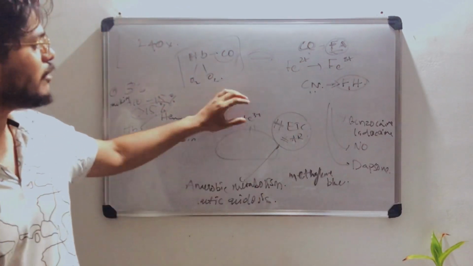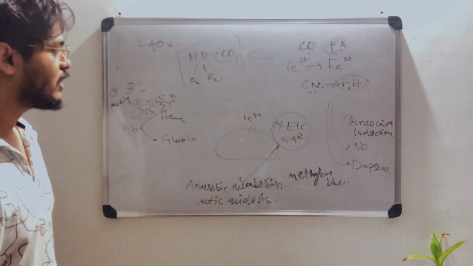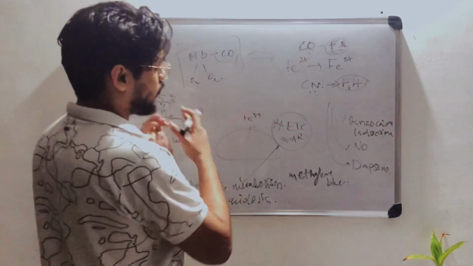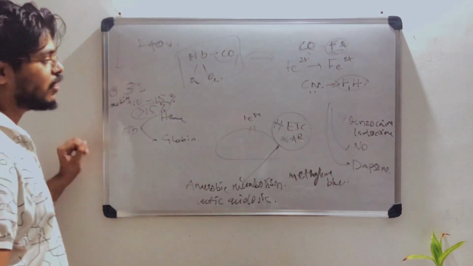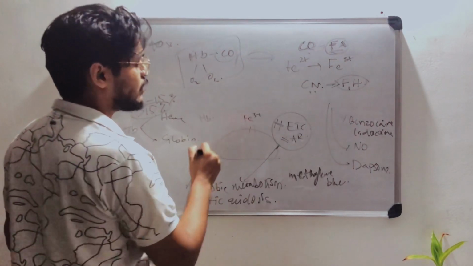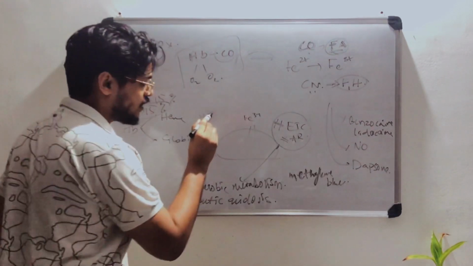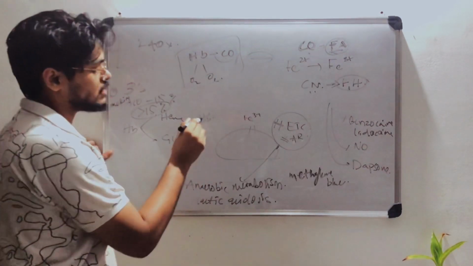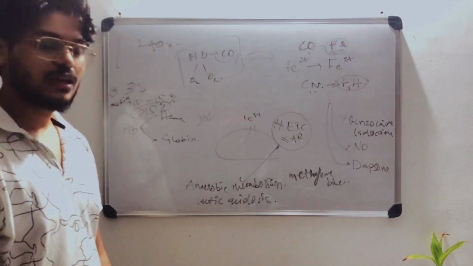So what is the treatment method for cyanide poisoning? There is one thing: move the cyanide away from mitochondria. How can we do that? We can convert the hemoglobin's Fe2+ to Fe3+, because cyanide is binding with Fe3+. We convert the Fe2+ in hemoglobin to Fe3+ by amyl nitrate.